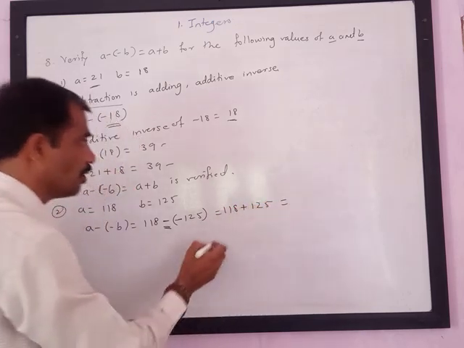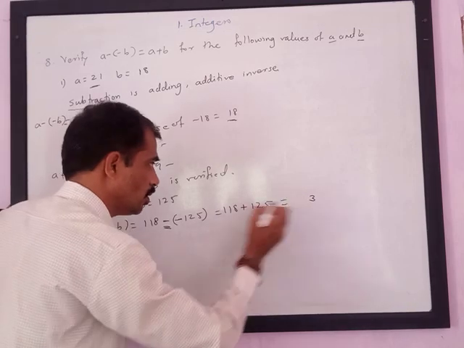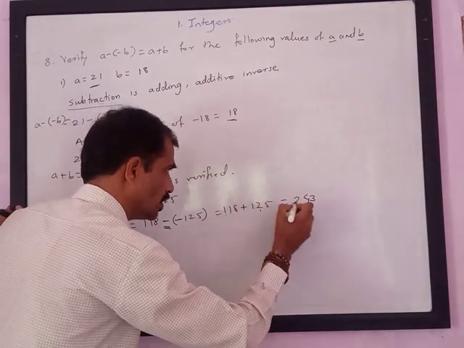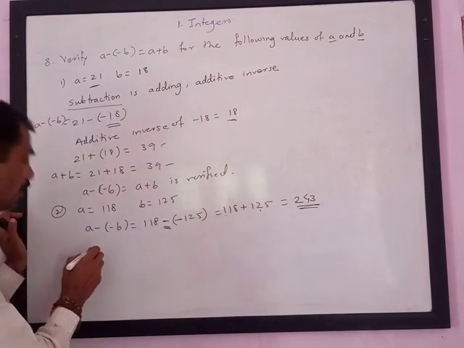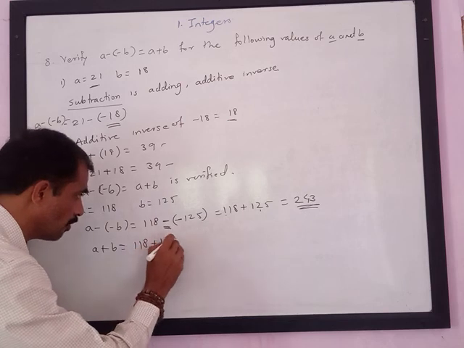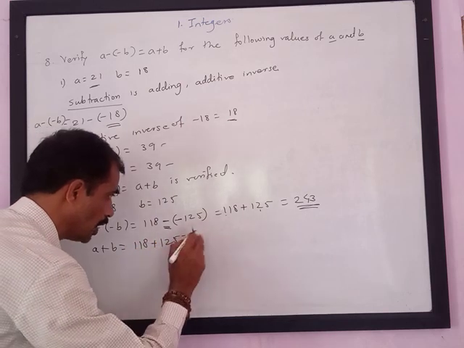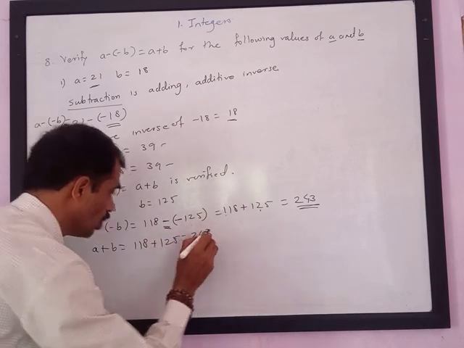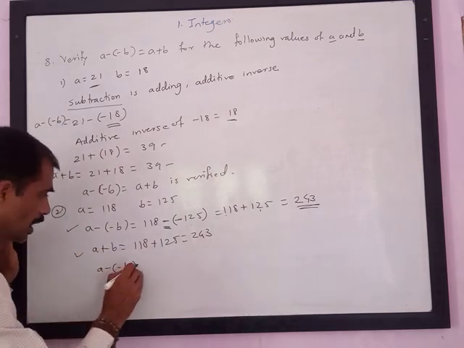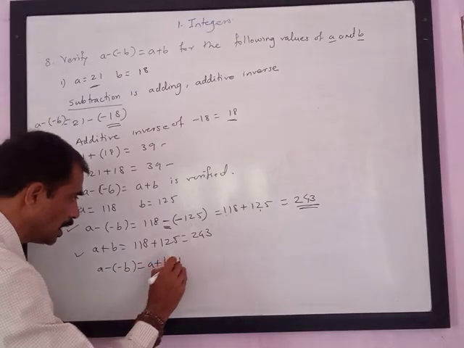So this is equal to 8 plus 5 is 13, 1 carries, so you will get 3, and 1 plus 1 is 2, so 243. Now a plus b is equal to 118 plus 125, that is also equal to 243. So we can say that this is equal to this. It means a minus (minus b) is equal to a plus b is verified.